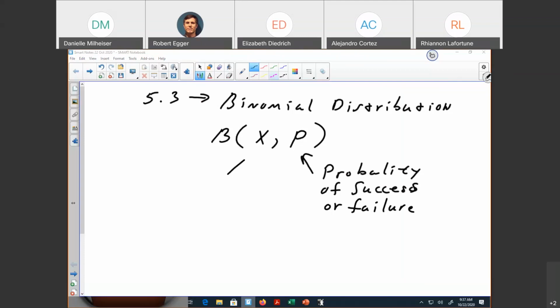And X is basically the number of events, or the value being looked for. And of course, B stands for binomial. All right.